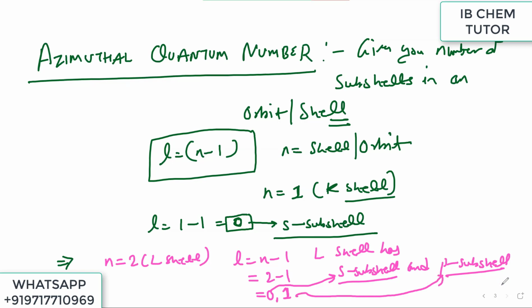So let's go further, take one more example. Suppose I'm taking n is equal to 3. So l is equal to n minus 1, so this is 3 minus 1. You will say it is 2, but we have to place 0 and 1 also.